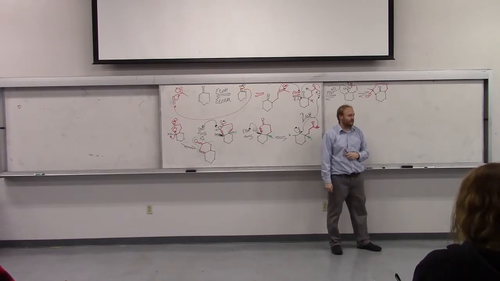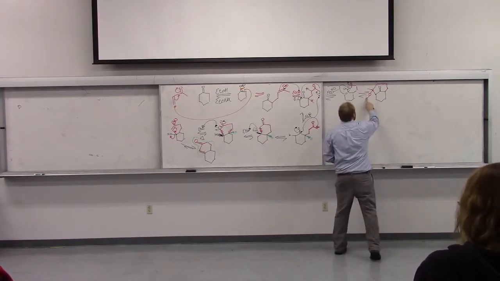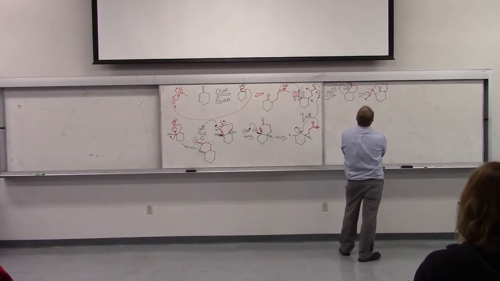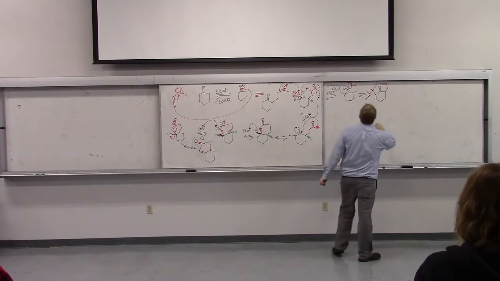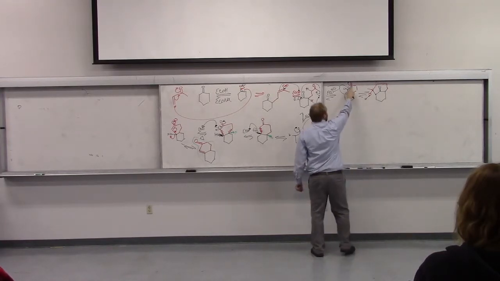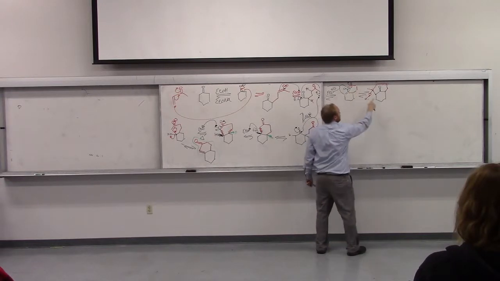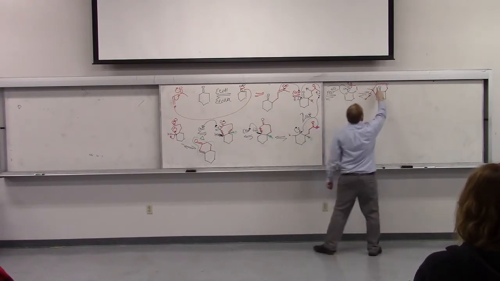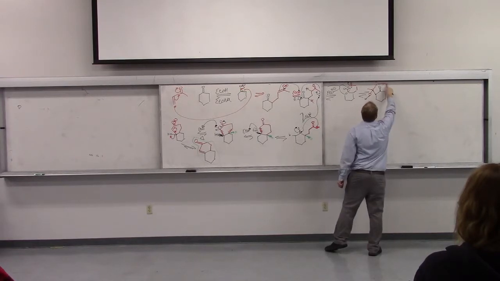Isn't there a mistake? On that one you had 3 bonds before the carbonyl, now you have 4 bonds before with the oxygen. So it attacks here, so this carbon should be linked to this carbonyl. Then 1-2 carbons, 1-2 carbons. Yes, you're right.